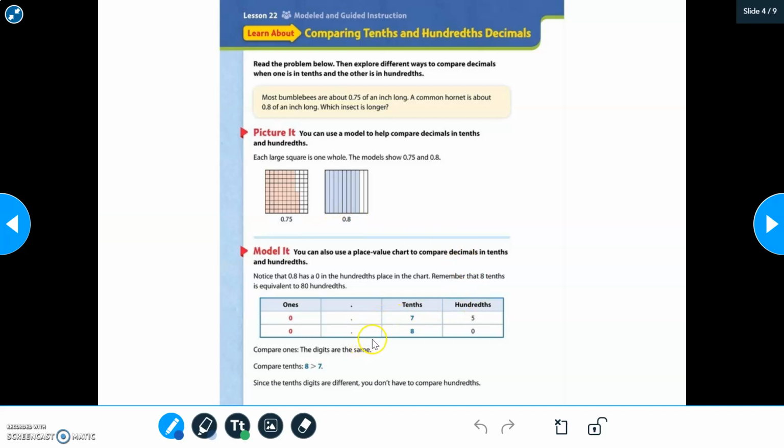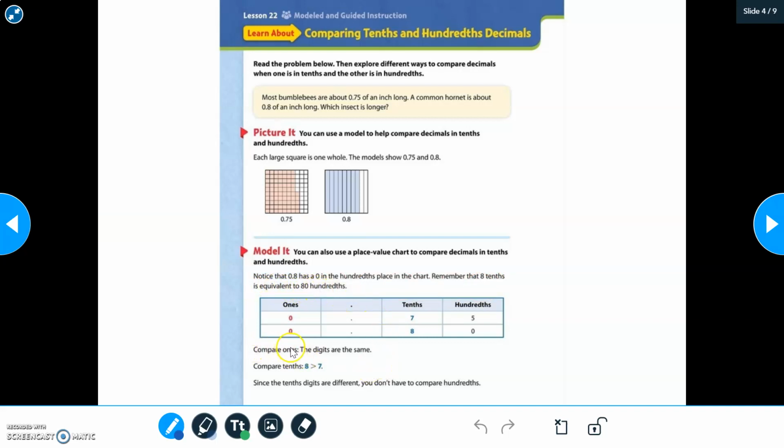Also, if we chose to use a place value chart, it says, notice that 8/10, which is what we have right here, has a 0 in the hundredths place in the chart. So they put our decimals in a chart. We have 7/500, and this was 8/10, right? But they just added a 0 to make it 8/1000. Remember that 8/10 is equivalent to 8/1000.